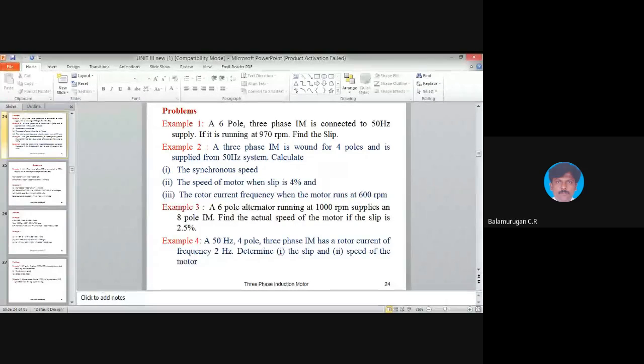Okay. And from this, you tell the value for slip ns 1500. Okay. And next n value. 1439 RPM. That is equal to 1440.